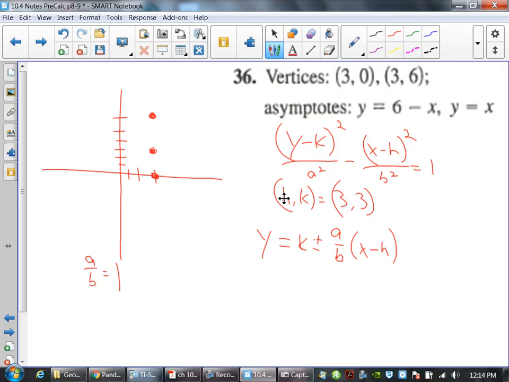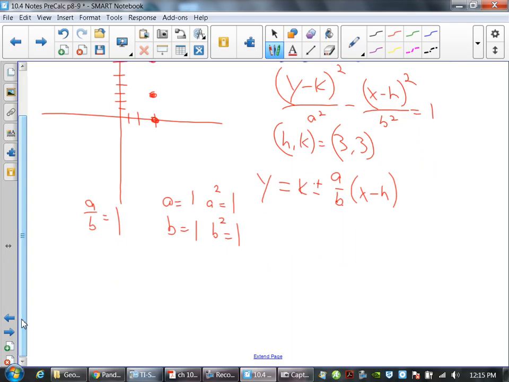So wouldn't it simplify to a and b both being 1, no matter what? So that means that a is 1, b is 1, which means a squared is 1, and b squared is 1. It is a hyperbola because it has an asymptote. Circles won't have the asymptote.